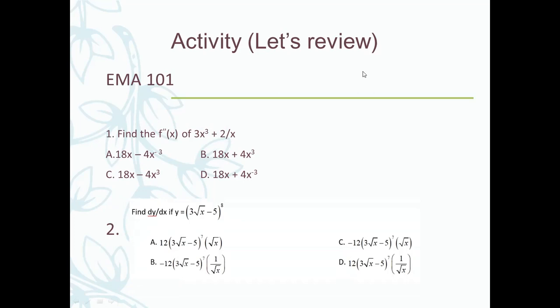I'll be waiting for those who are ready with their pens and papers, and give me the answer for the derivatives of these two. That is the answer for number one, the second derivative, for number two, the first derivative.